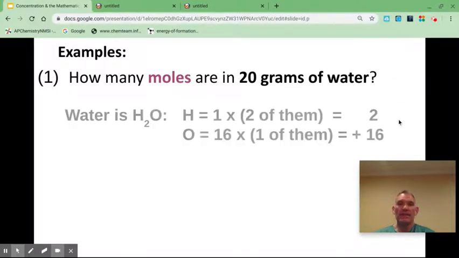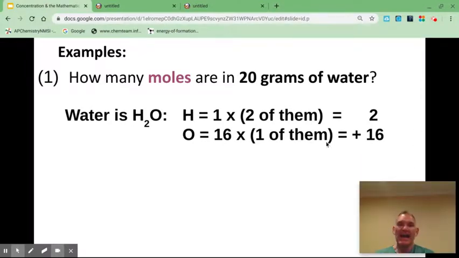So in order to do that, I'm going to have to do the formula mass. I already have the given number here, but I don't know how much water weighs. Maybe you forgot, but we could figure it out. Because water is H2O, there's going to be H's and O's in this formula. And what I need to do first is look up what H and O's masses are.